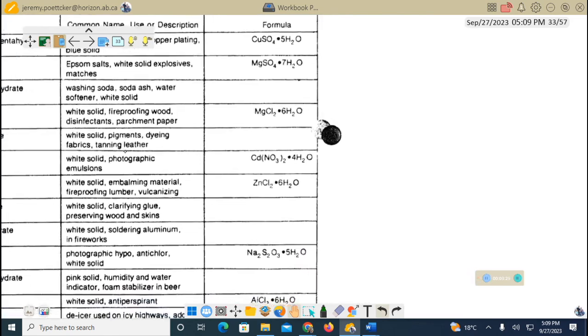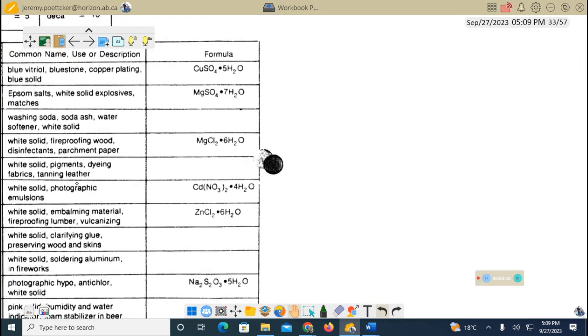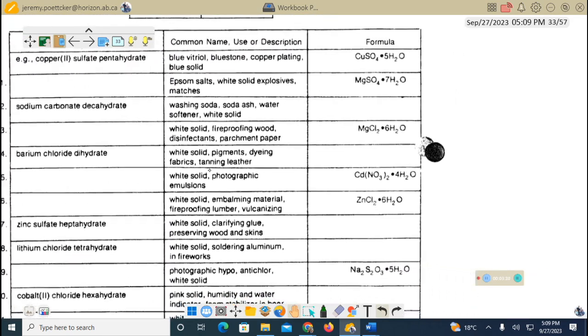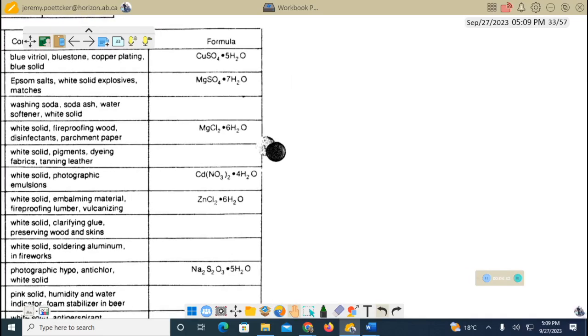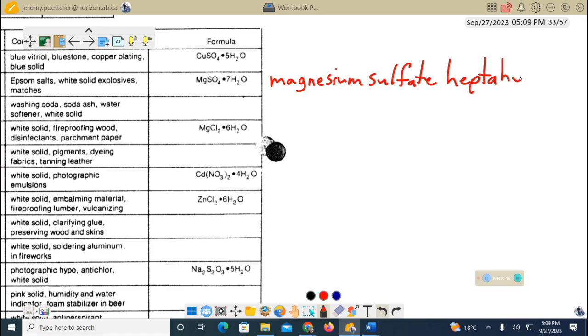If we look at number 1, sorry. This is magnesium sulfate heptahydrate. Hepta is our prefix for 7, also known as Epsom salts.